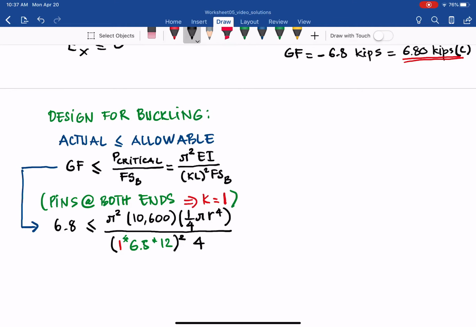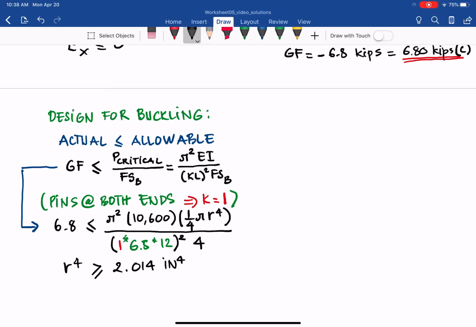From that we have everything known except the radius. So you have r to the power 4 greater than or equal to, from that one equation, one unknown, 2.014 inch to the 4th.